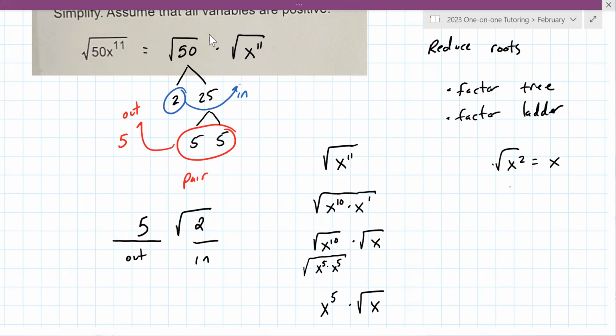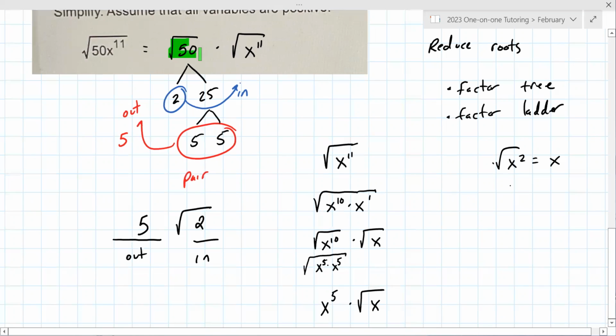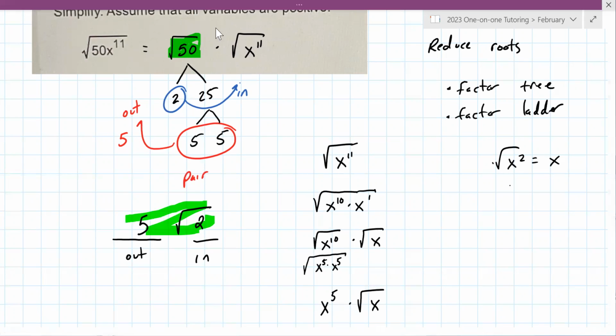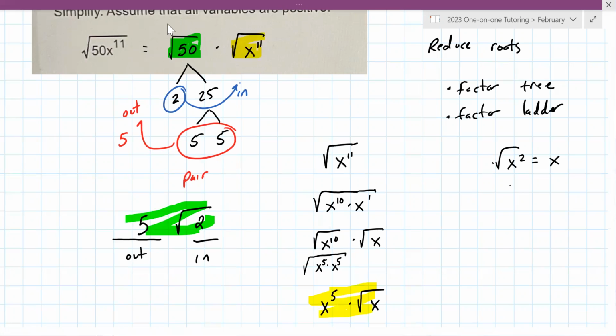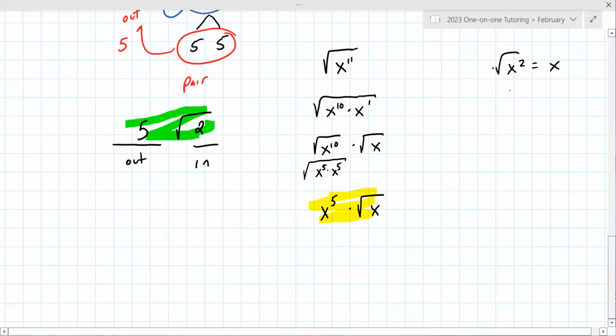So okay, just to be clear here, like we dealt with the square root of 50, it became this stuff on the right, and then similarly square root of x to the 11th becomes this down here. So you pair these up, you can't just leave it mismatched like this. So it's 5 square root 2 times x to the 5th square root of x.